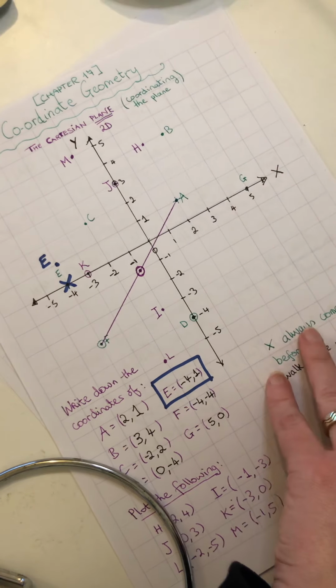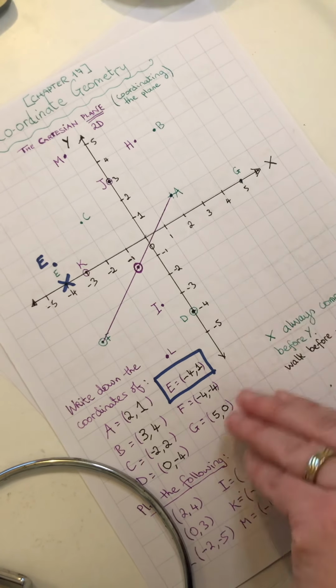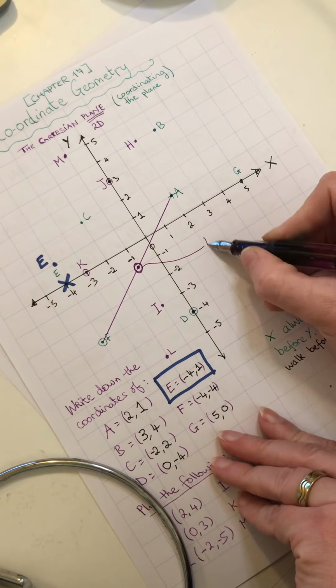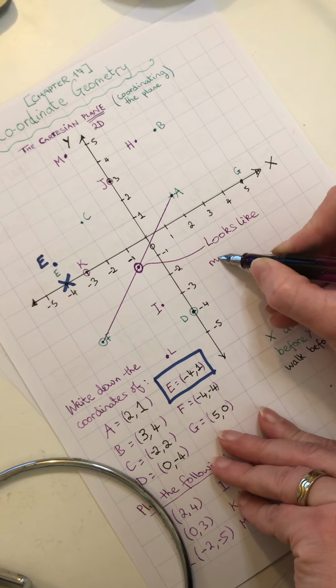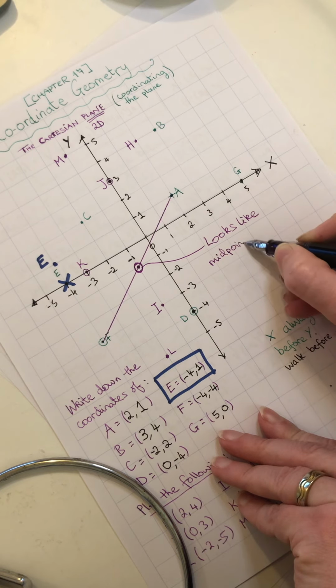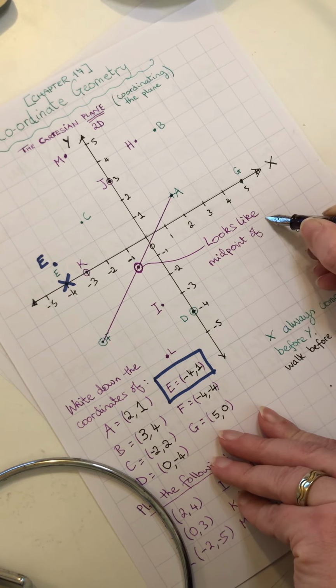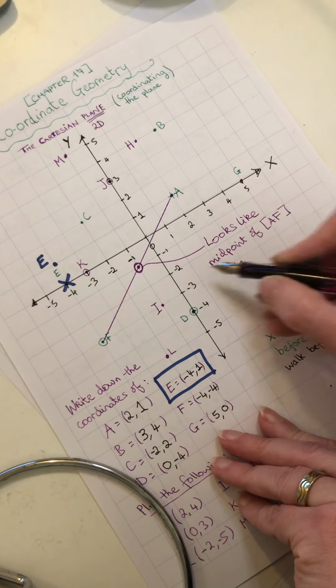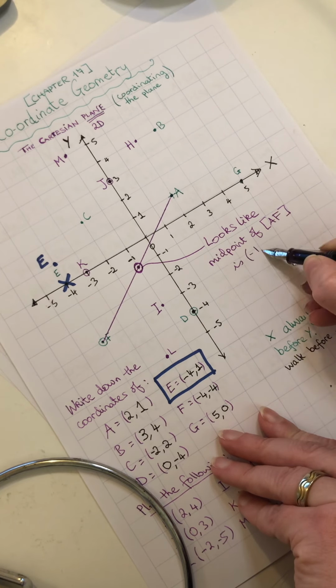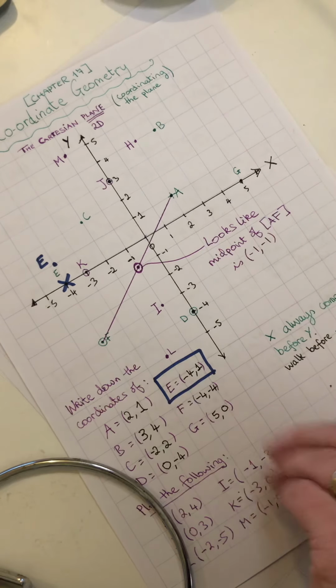But it looks like, from my diagram, it looks like the midpoint of the line segment A to F is the point -1, -1.